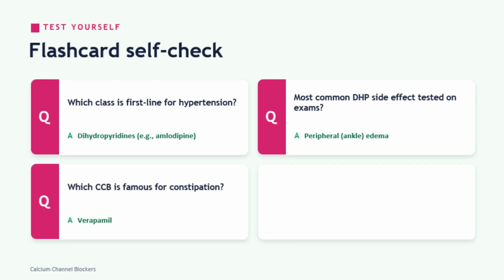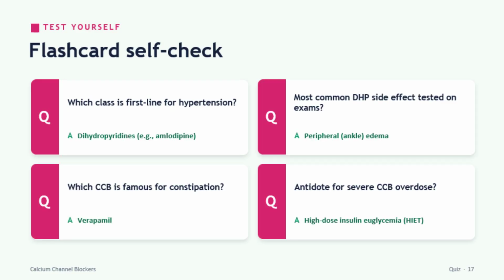Okay, pop quiz time. And do not worry, this is the fun kind of quiz, the kind that builds your confidence. I am going to ask, and I want you to answer out loud before I reveal it. Which drug class is first line for certain patients? Which side effect causes ankle swelling?